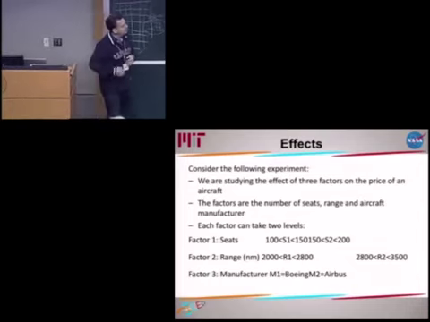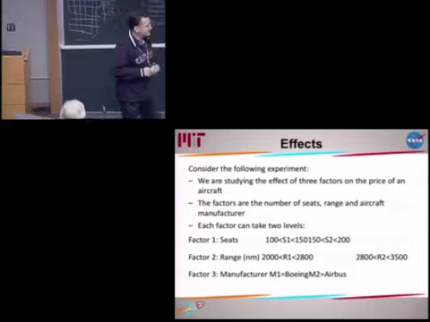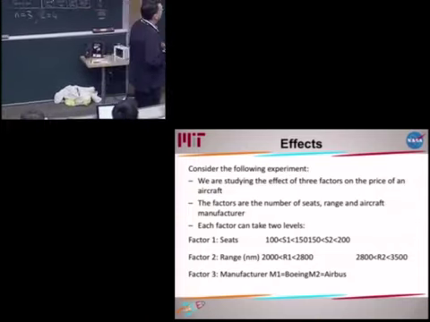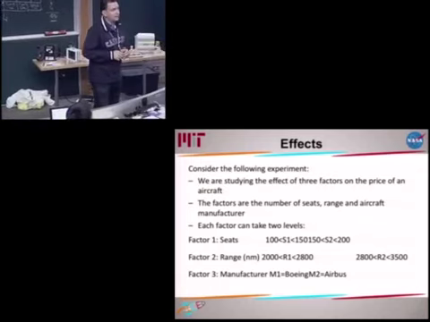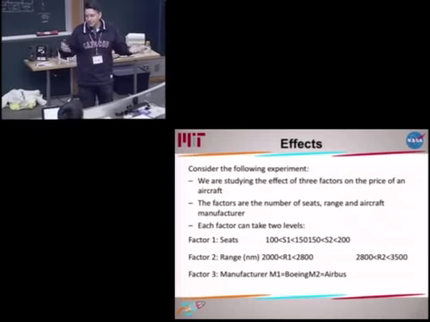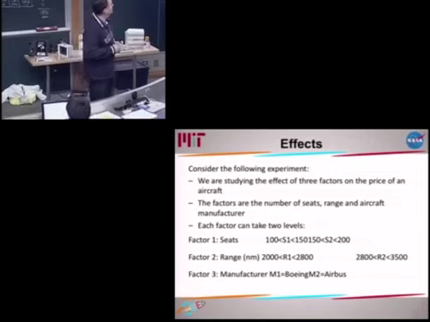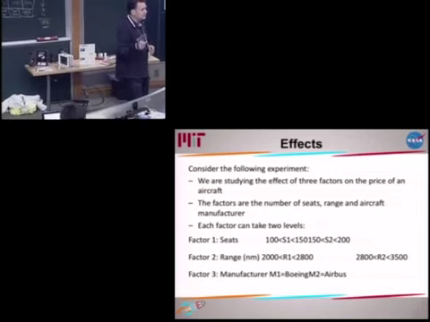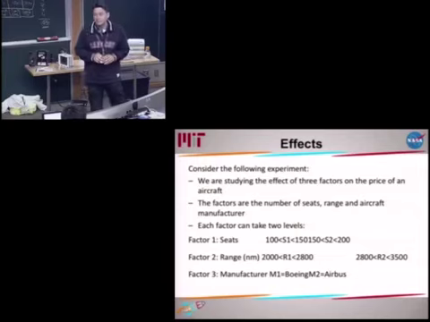So here's the example. It's a little contrived, but bear with me. We are looking at commercial aircraft, Boeing and Airbus, the two big competitors. We want to understand what drives the acquisition price of a commercial aircraft. Let's say there are three factors we're looking at.